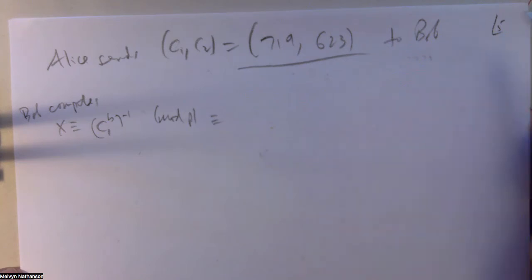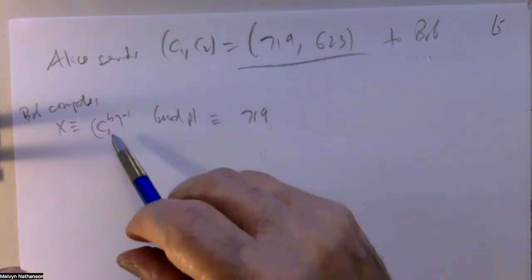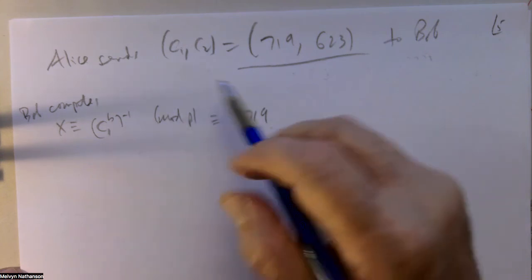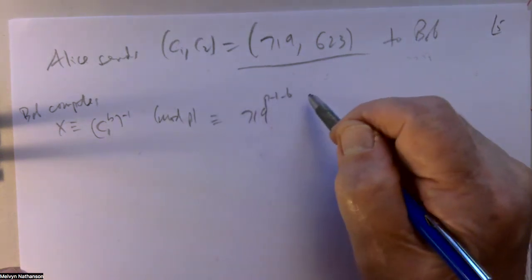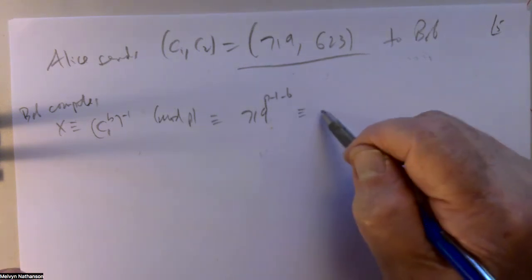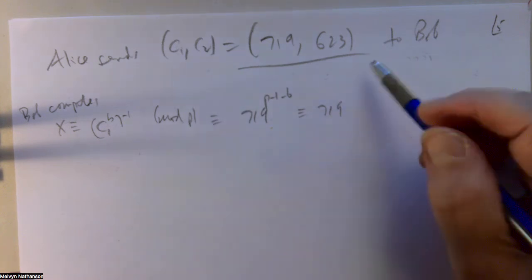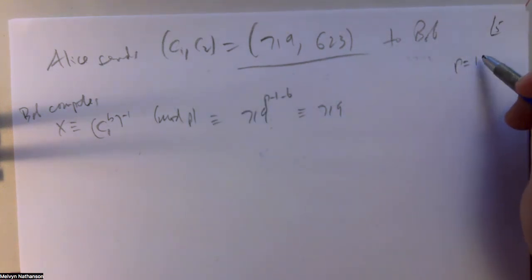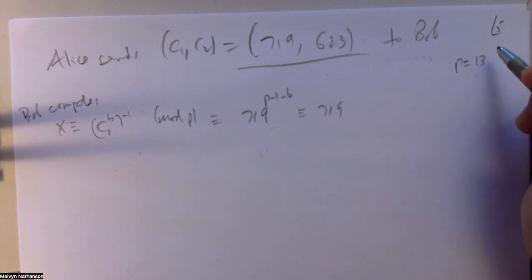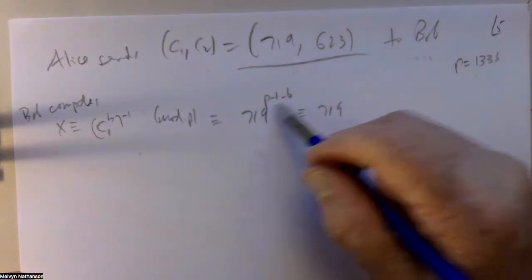So what is C1? C1 is 719. C1 to the minus B is the same as C1 to the P minus 1 minus B, which is the same as 719 to, what is P? P is 1373, minus B plus 1.